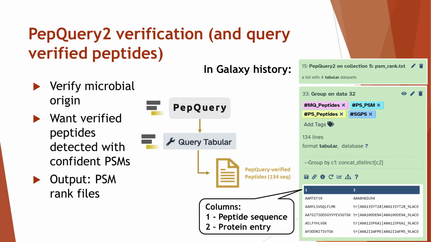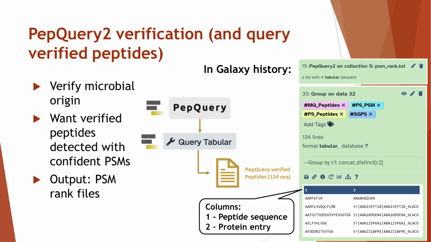The PepQuery outputs we are interested in are the PSM rank files. These files will provide the identification information for the input peptides, including peptide sequences, modifications, p-values, and confidence assessments.